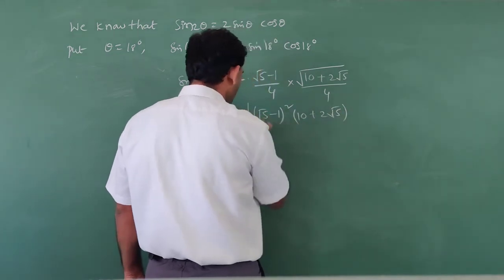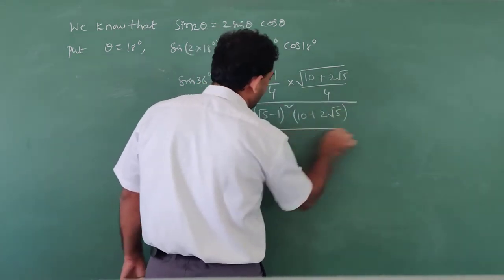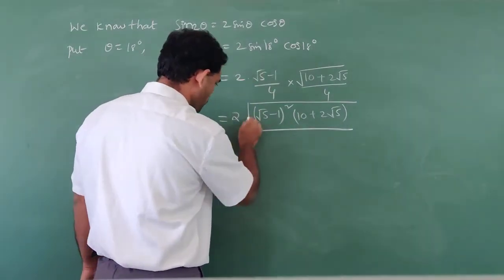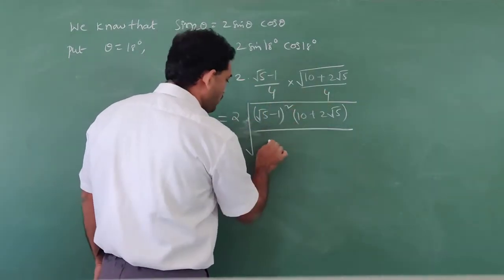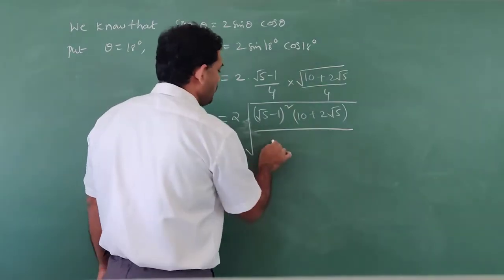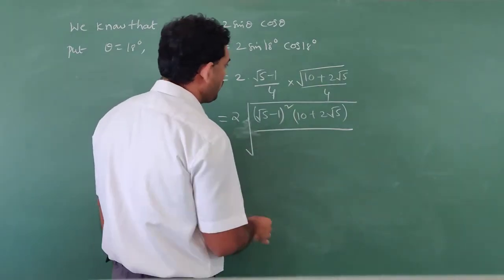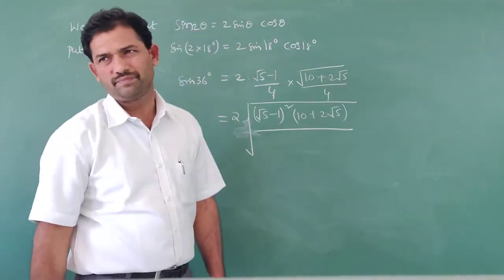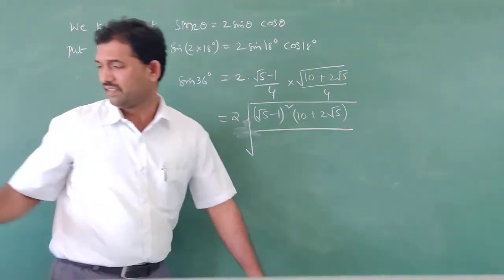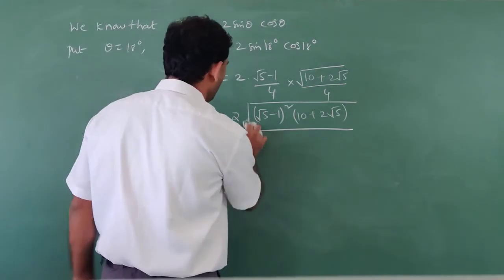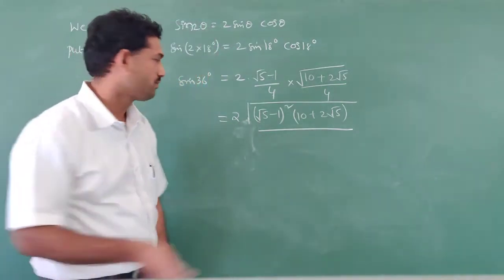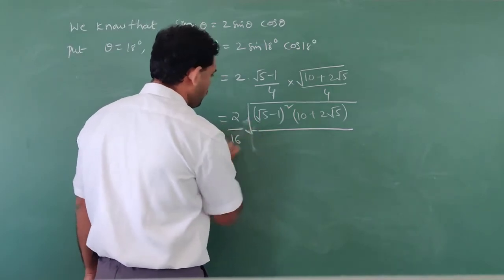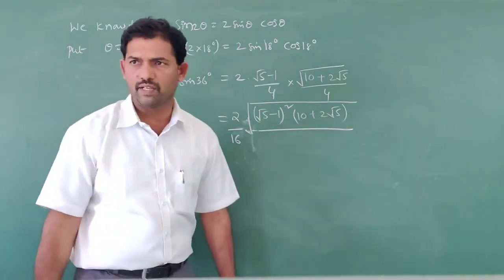So whole root you take divided by 4 into 4, 16, 4 square. 16 means 8, 4. But the constant is outside, a root is not needed. 4 into 4 16, divided by 16. Understand first value.